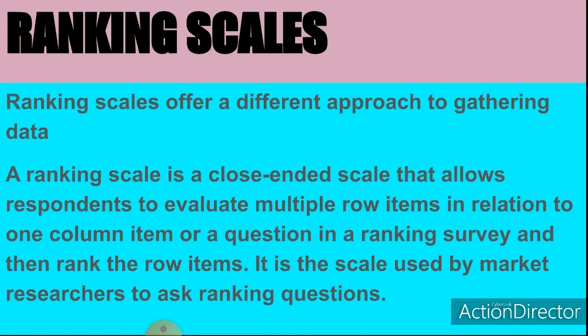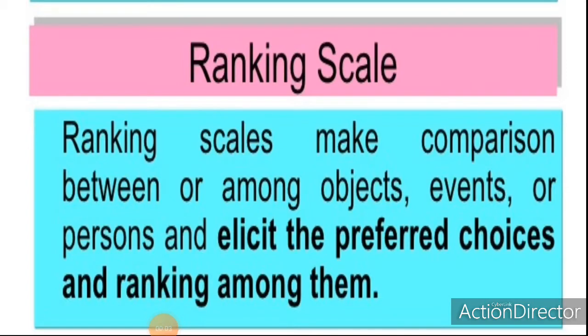Ranking scale is mainly used by market researchers to ask ranking questions. In short, a ranking scale makes comparison between or among objects, events or persons and finds out the most preferred choices and based on that ranks the items.